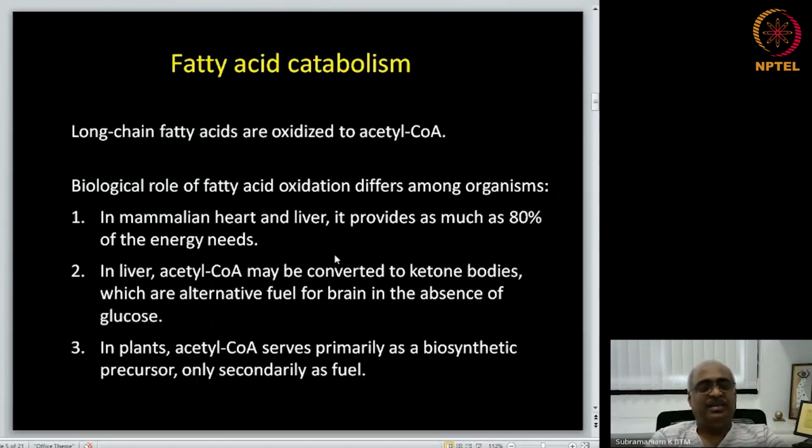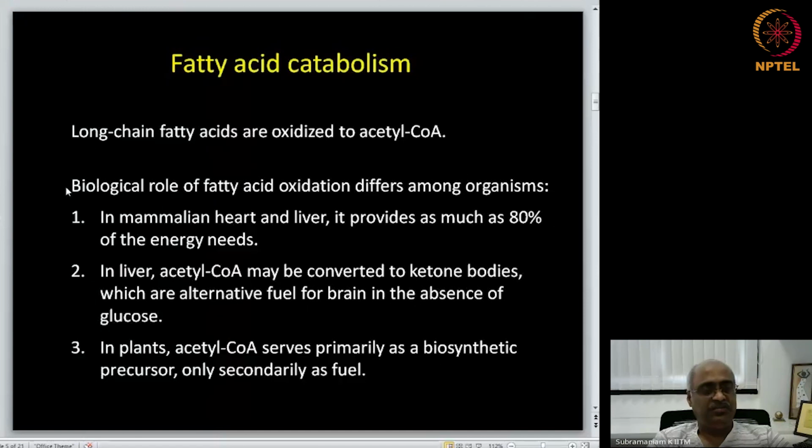Now let us see how that happens. Today we are not going to see that. We will prepare ourselves for that. First we will have an overall view into fatty acid metabolism, starting from digestion, storage, and mobilization from storage, and how it is transported and so on.